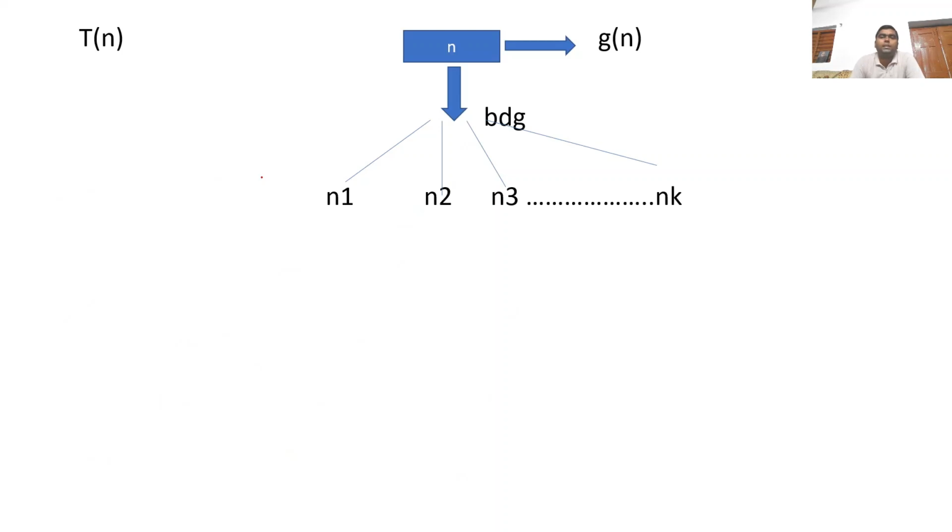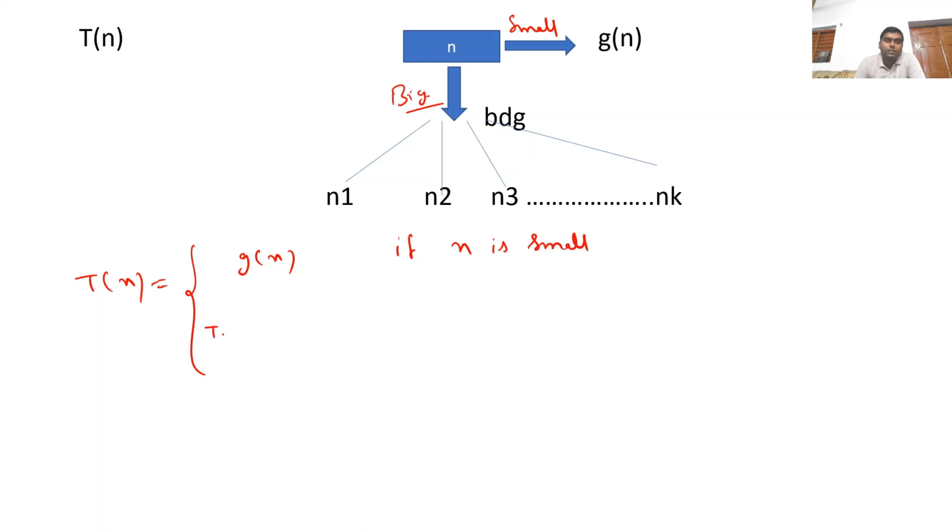It may also be the case that we are not dividing the problem into exact halves, n by 2 and n by 2, but into different partitions, let us suppose n1, n2, n3, n4. If the problem is small enough, move to this part; otherwise, if the problem is big, divide it. The time taken is g of n if n is small.